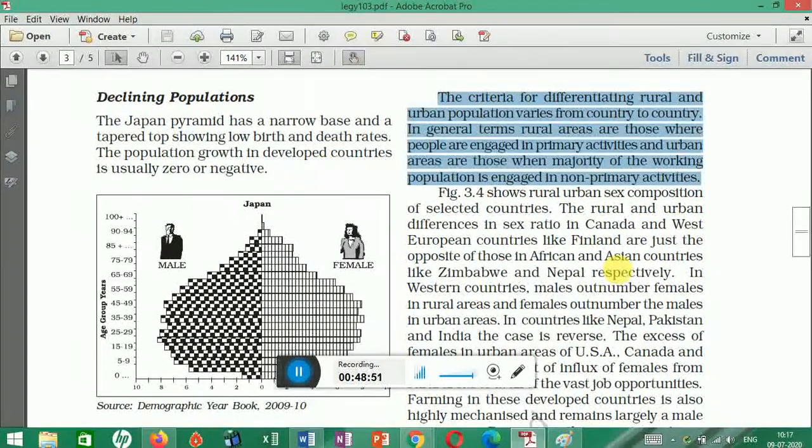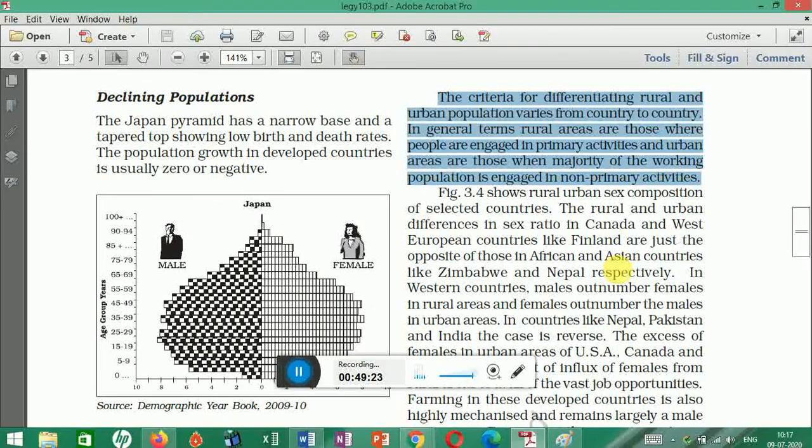The criteria for differentiating rural and urban population varies from country to country. So how to differentiate a rural area from the urban area varies from one country to another. In general terms, rural areas are those where people are engaged in primary activities, and urban areas are those where the majority of working population is engaged in non-primary activities.